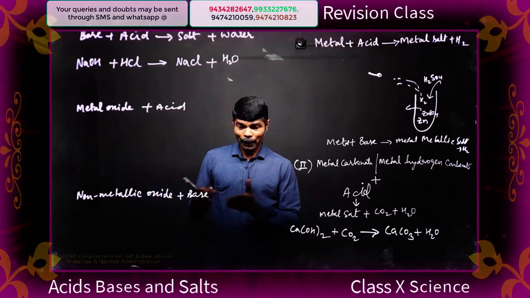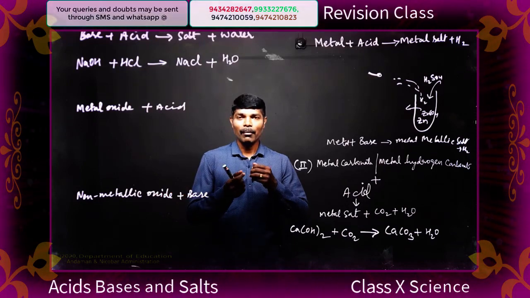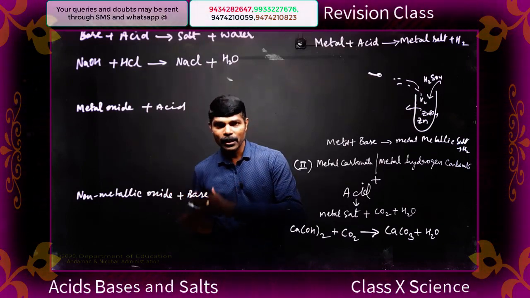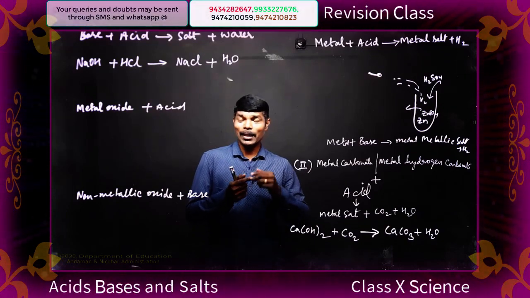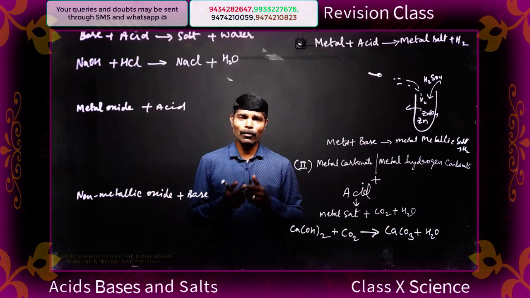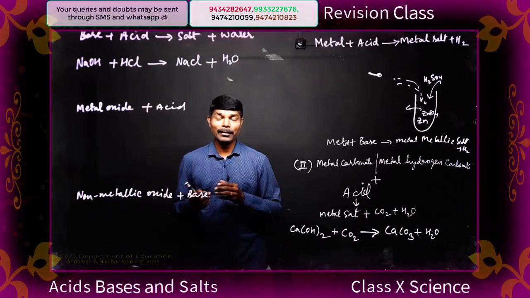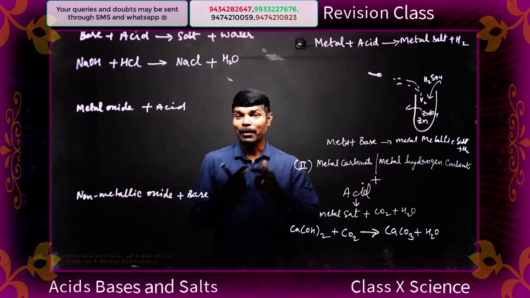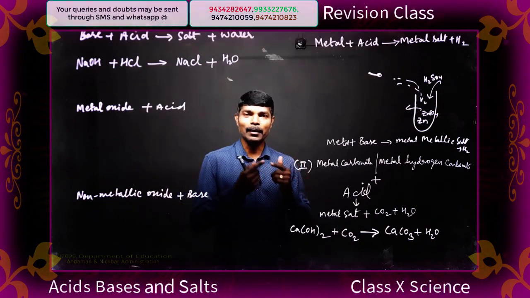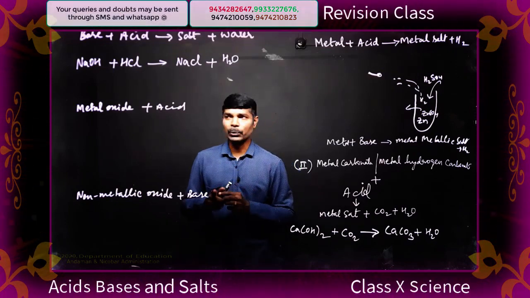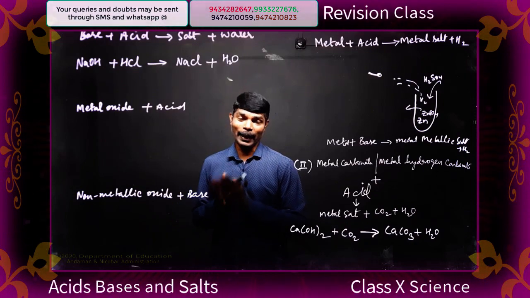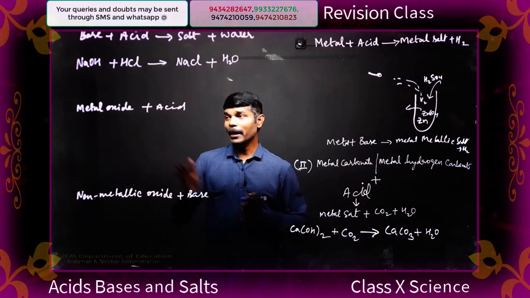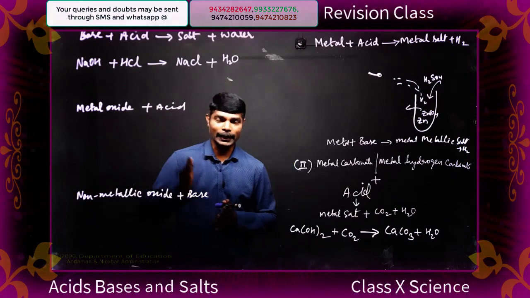Why? In the first chapter you saw that burning magnesium ribbon changes into magnesium oxide. When magnesium oxide is dissolved in water and tested, it turns red litmus blue, indicating that the product is basic. So always keep in mind that all metallic oxides are basic in nature.